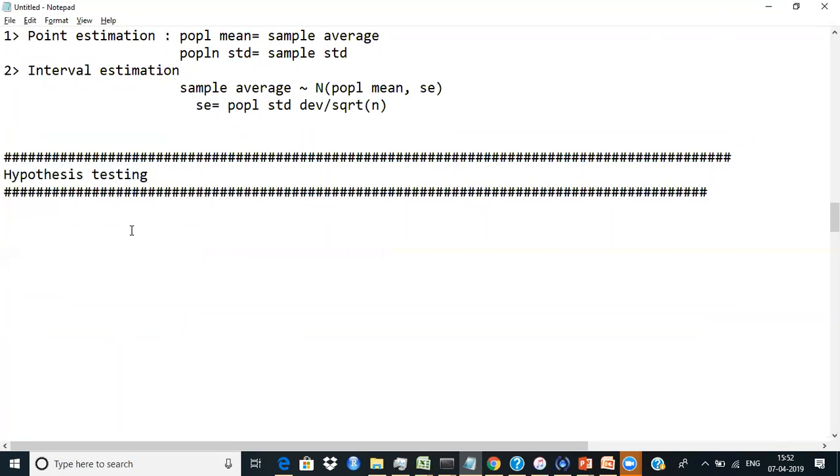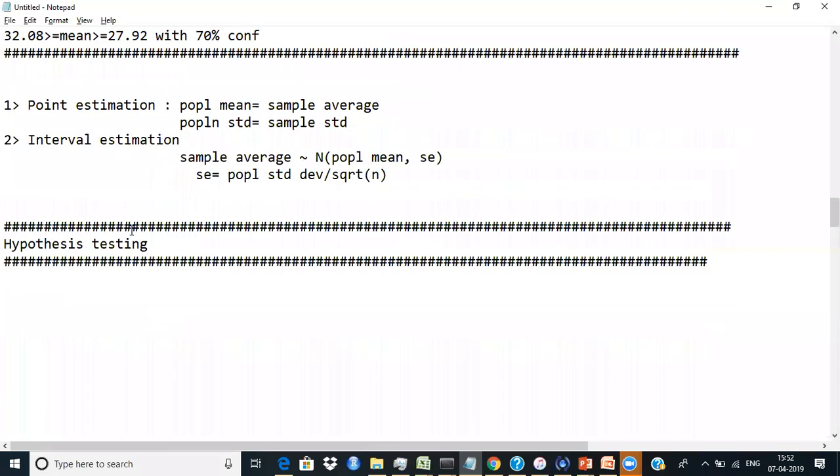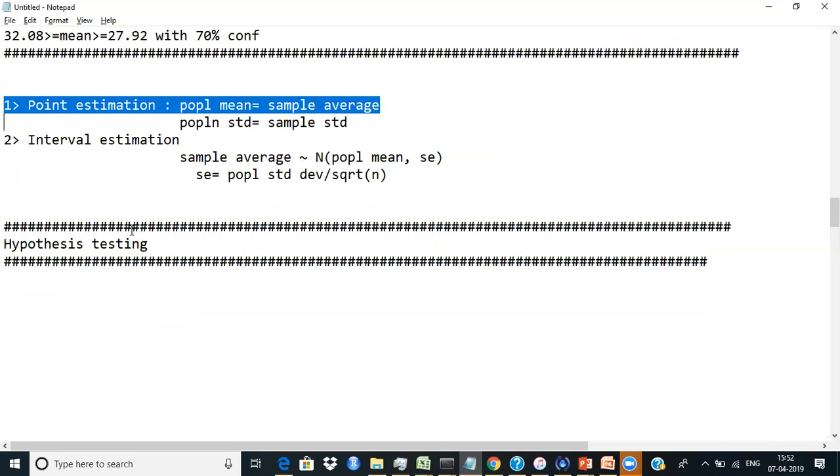Now, hypothesis testing also talks about inferring about population. So, in point or interval estimation, what were we trying to do? We were either trying to get a pointed value of a parameter, or we were trying to get an interval value of the parameter.